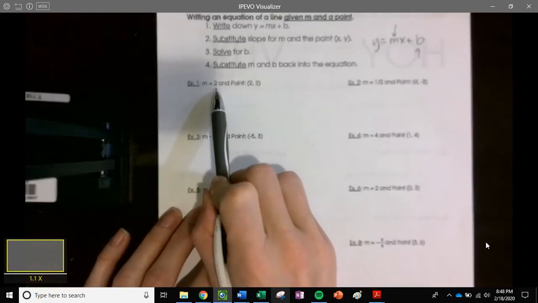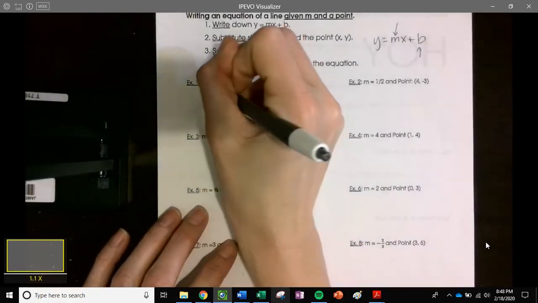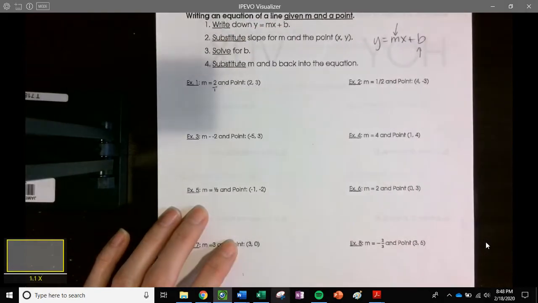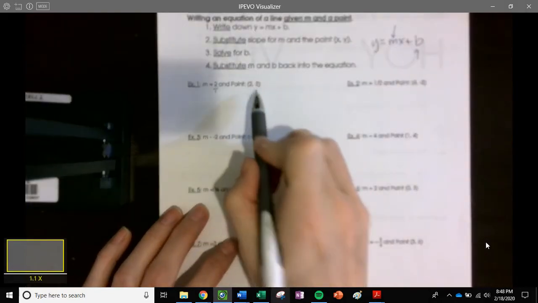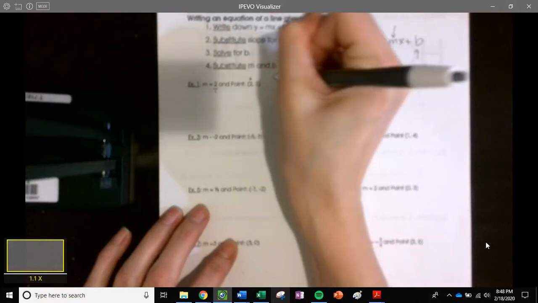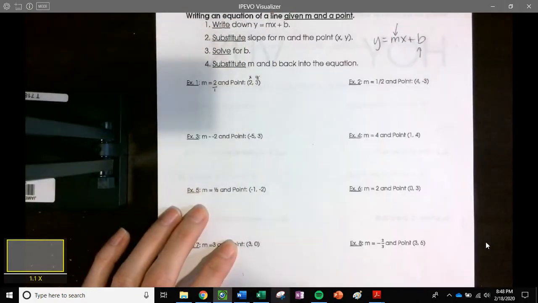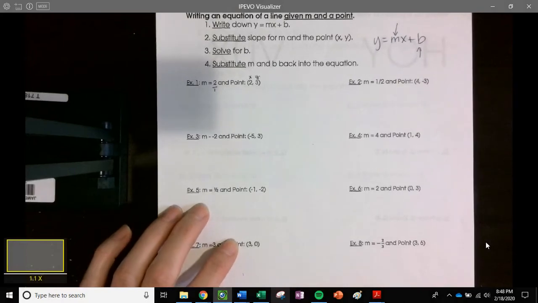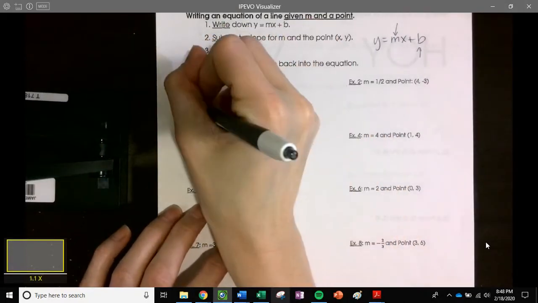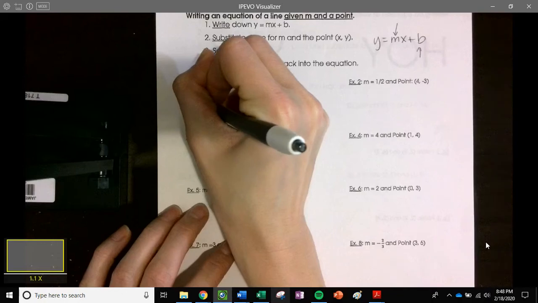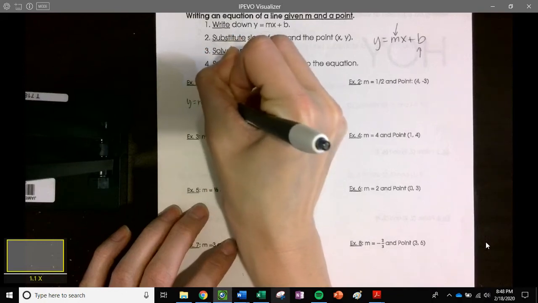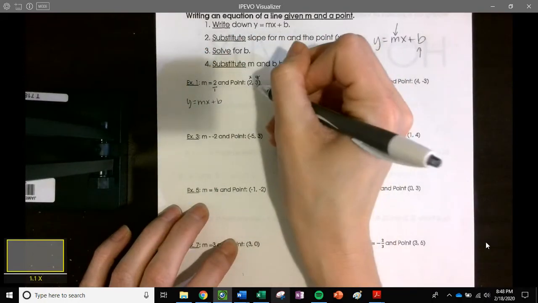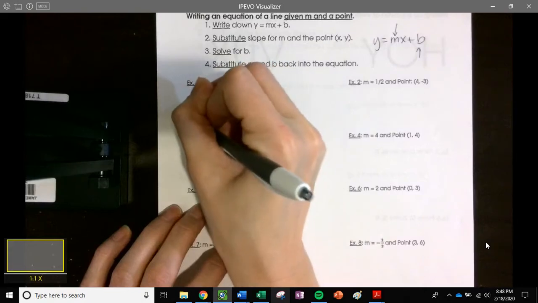M equals 2, which you know means 2 over 1, but we'll get there. And the point is (2, 3). So that means my x value is 2 and my y value is 3. So if my equation is y equals mx plus b, then I'm going to take my y value, fill it in.